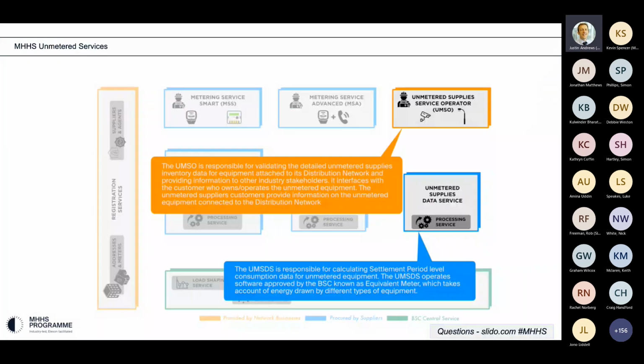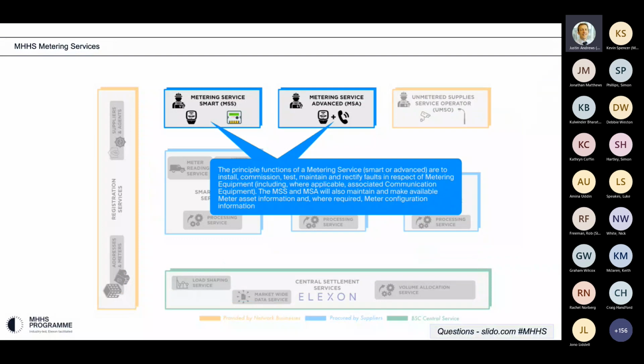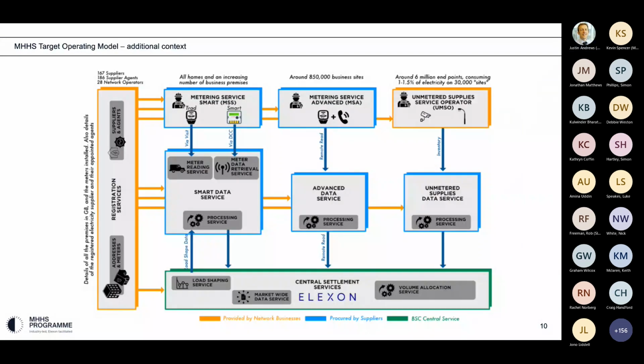I just wanted to do a little plug. On Friday morning, Kevin and I will be running a meter to bank playback session, which will go through the meter right through to settlement process and give you the main aspects of the requirements.